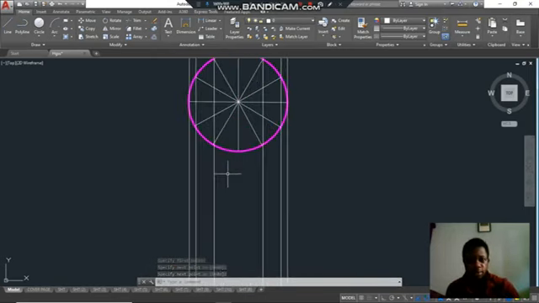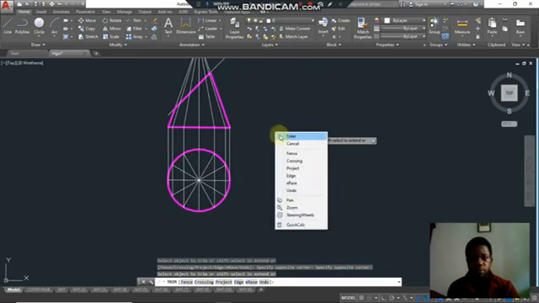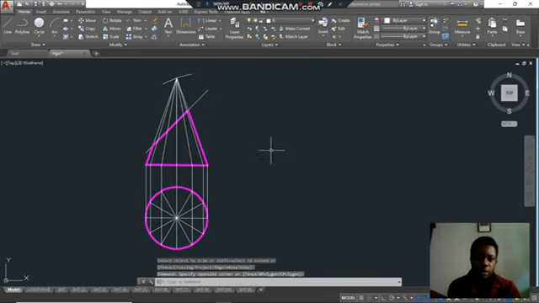Right, I'm going to trim out this part as well. Okay, now we have something like this.